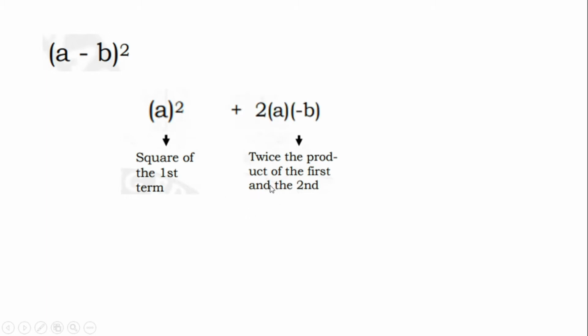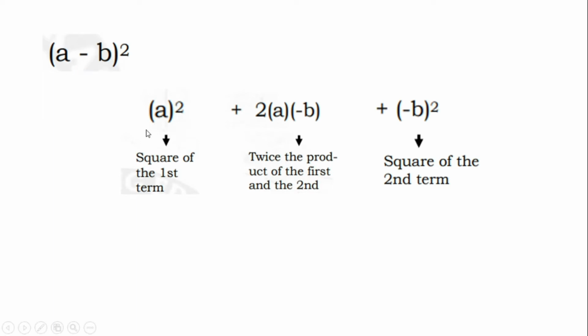We have 2 times a times negative b. Bakit negative b? Kasi negative b yung second term natin. And after that, square daw natin yung second term, just like what we did earlier. So, negative b squared.